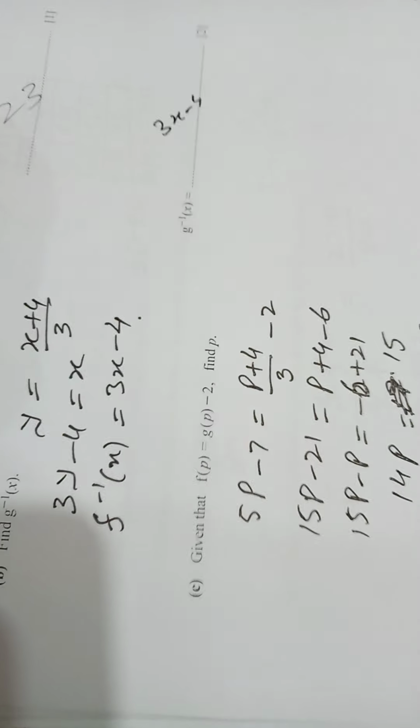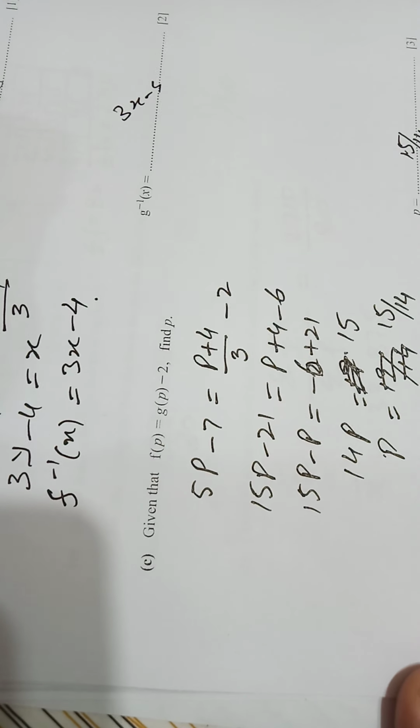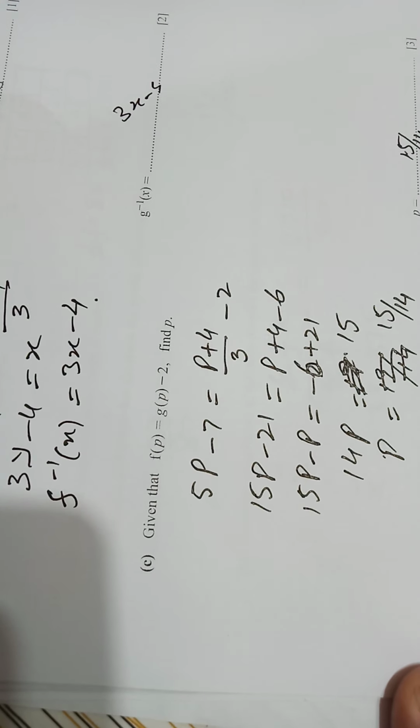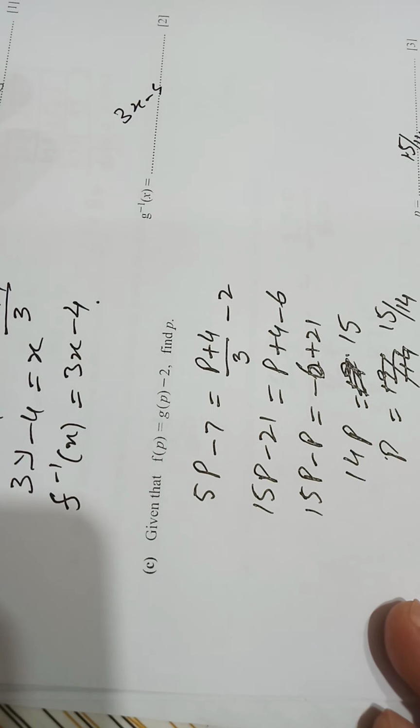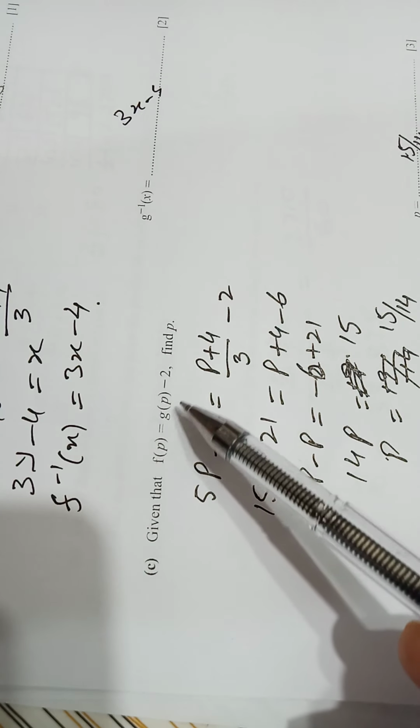Now for part C, f(p) is equal to g(p) minus 2. In place of x in your function f(x) you will put p, and in place of x in the g function you will put p. So you will get the equation like this.